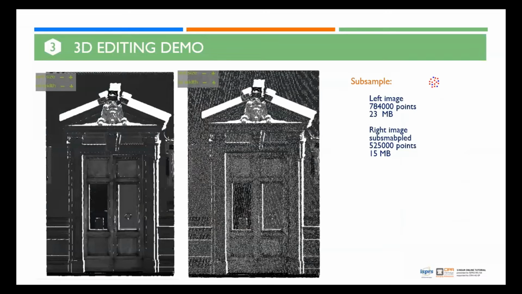For example, now I'll show you the difference between different kinds of data that we have inside. I started with the raw image. You can see we have raw laser scanner data, E57 laser scan data that I added with the full data, and I have quite a billion points.